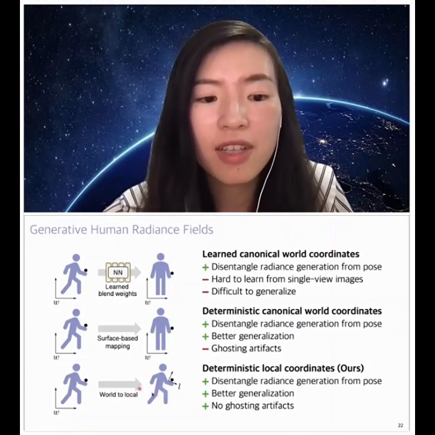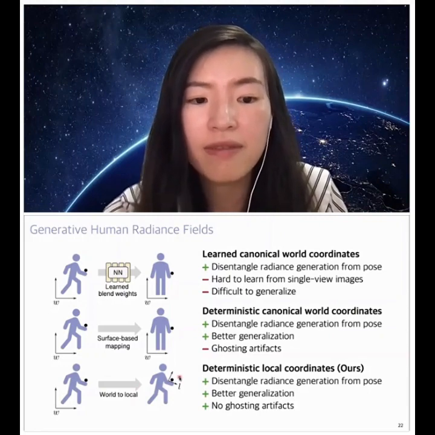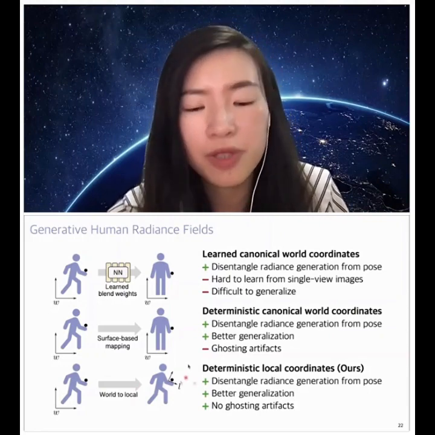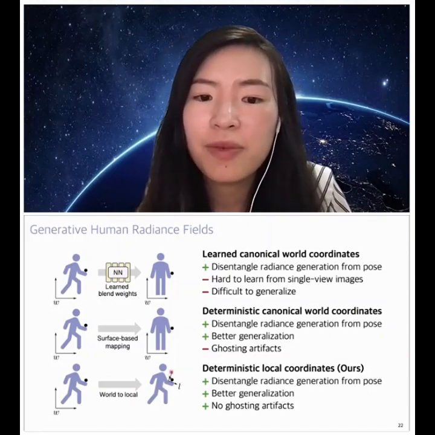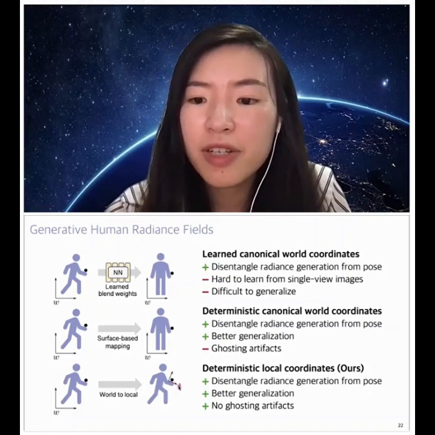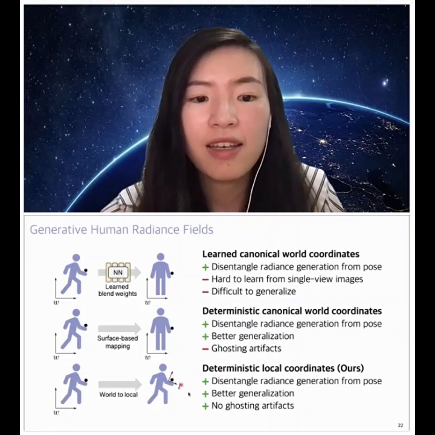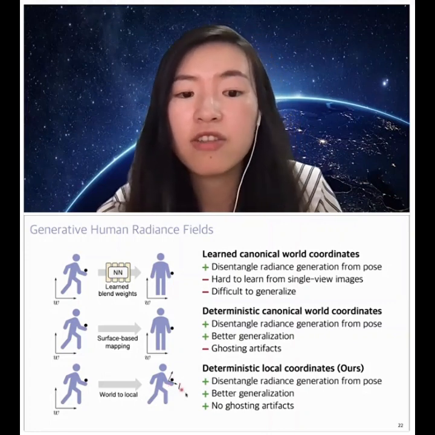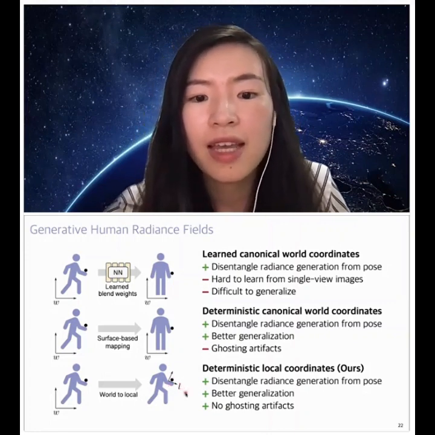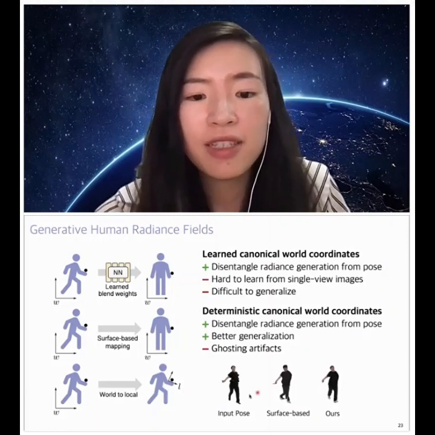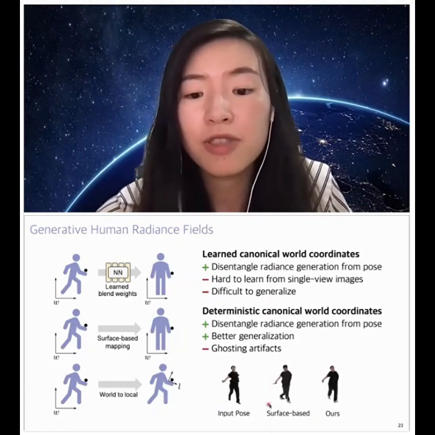This is also done via the deterministic mapping, given a sampled human pose. With this formulation, we are also able to disentangle the radiance generation from the pose, as these local coordinates are fixed, predefined, and shared across all the instances. And we are able to achieve better generalization and omit the ghosting artifacts.